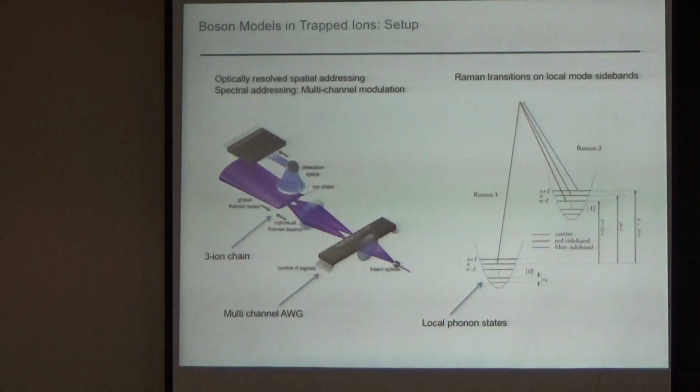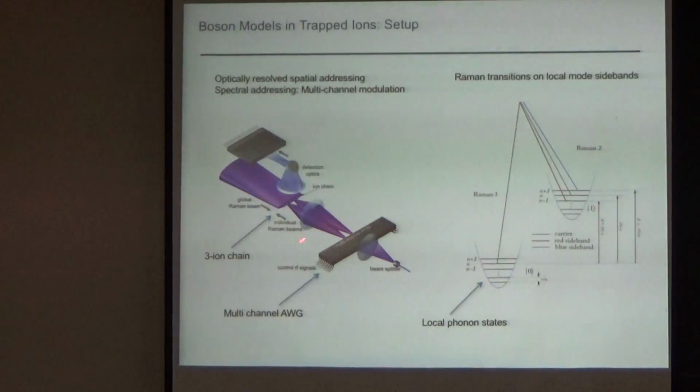Okay. So in the setup, nothing has changed except that instead of 5 ions, I have 3 ions. Because for each ion, I'm going to drive the sideband transition on the local phonon modes of each ion. Hence, each ion is supposed to see a different Raman beat note.